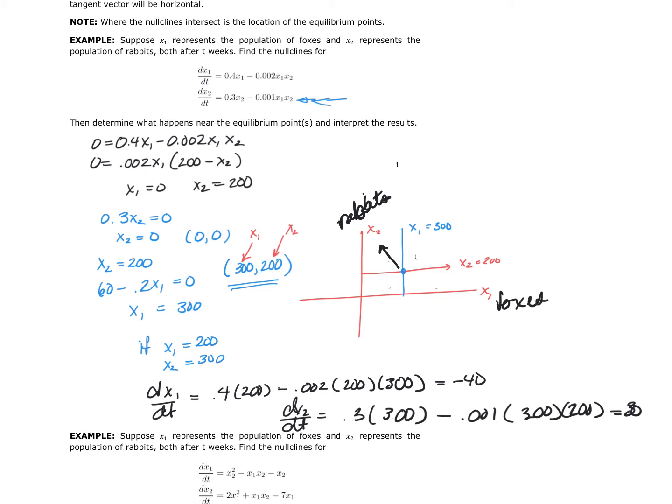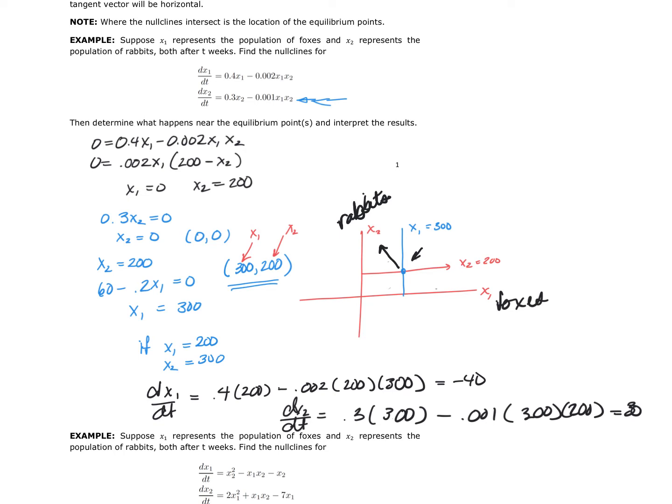Then in this quadrant here, the upper right quadrant, if I choose some initial values in that upper right quadrant, then I know both my foxes and my rabbits are decreasing because they're both showing up negative.